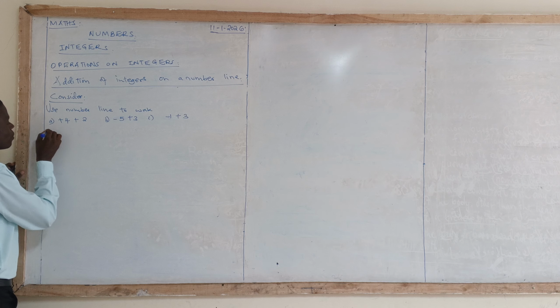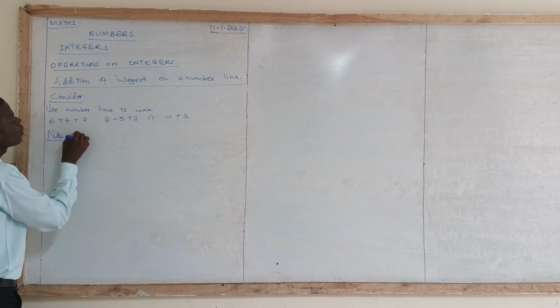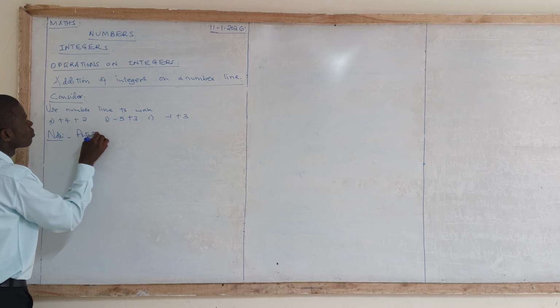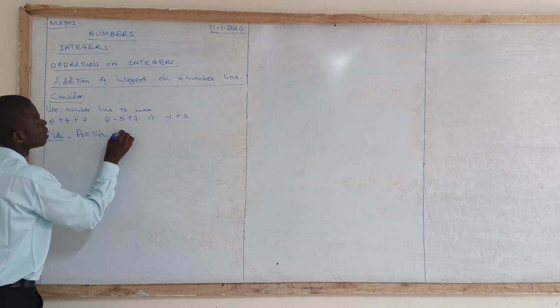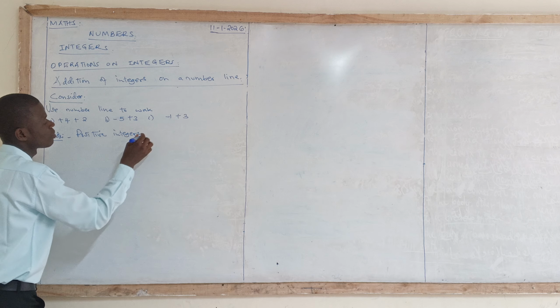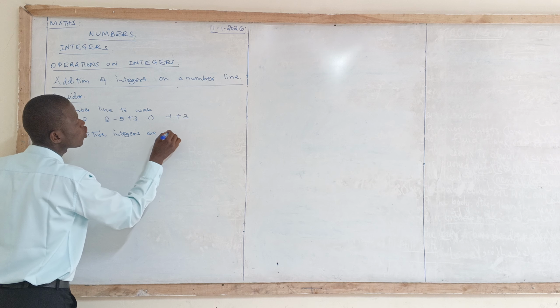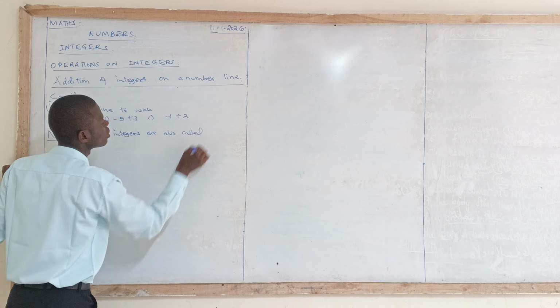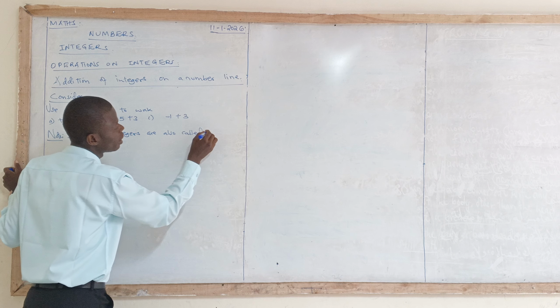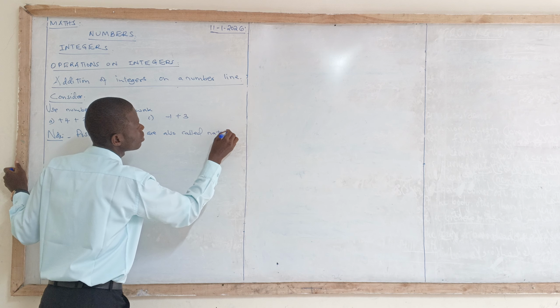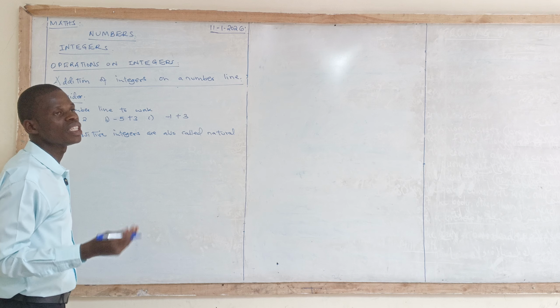Note and say, positive integers are also called natural numbers. For example, 50.